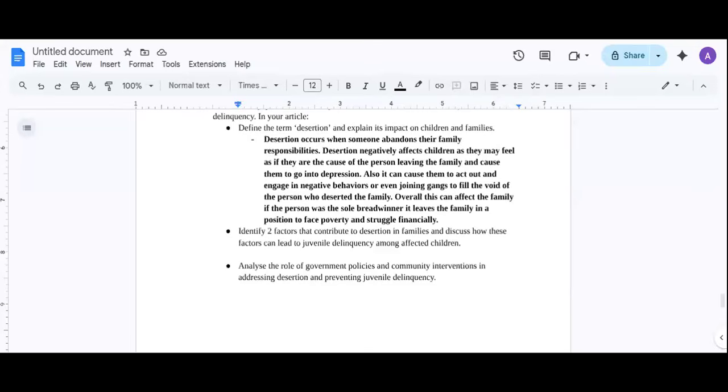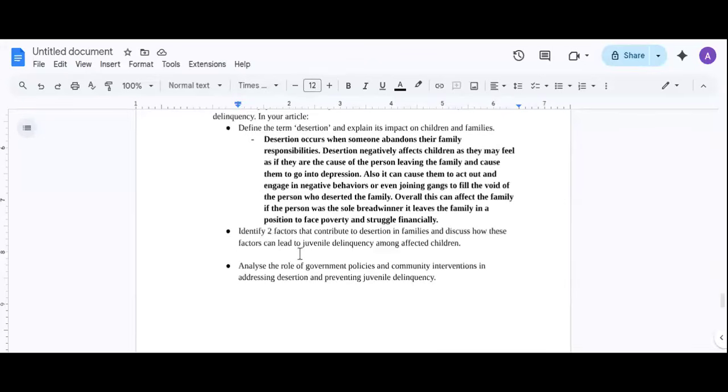Financial difficulty. Financial problems. Yes, Dana? Better opportunities elsewhere, in another country or something. All right. So they get a better opportunity and they just decide they're leaving the family. Yes, Tanishka? For this question, are you talking about the kids leaving the family, or the adults deserting the children?